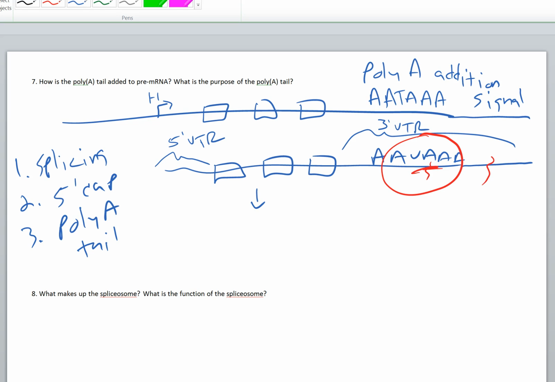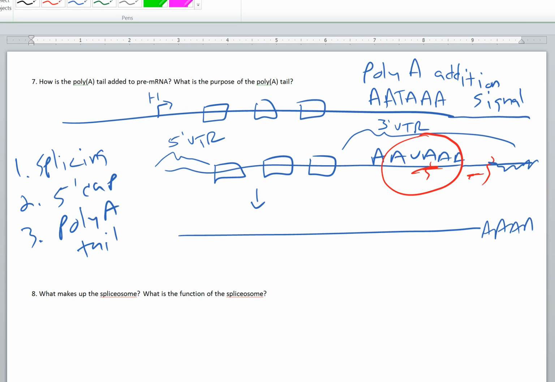It cuts it down here, and then it actually chews away a little bit, and then it adds the poly A tail. So it's going to add the poly A tail maybe right there. So it gets rid of some of this, and then adds the tail. This protein actually says, okay, cut there, and then there are other proteins involved that come along and bind and cut the RNA and add the tail.